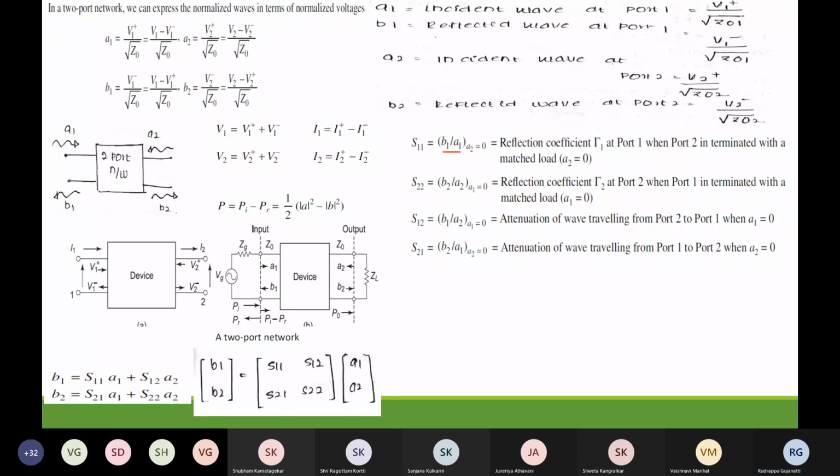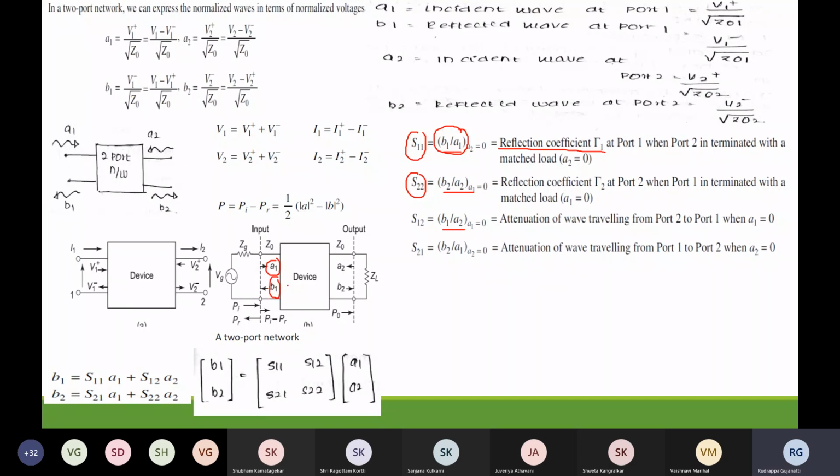What are these parameters actually providing? S11 and S22 are giving you the information pertaining to the reflection coefficient at port 1. If you observe, this is the port we are considering. Here we have incident A1 and reflected B1, available at port 1.